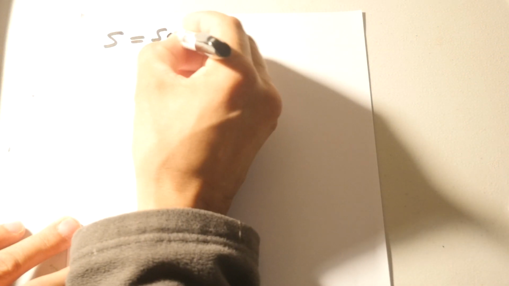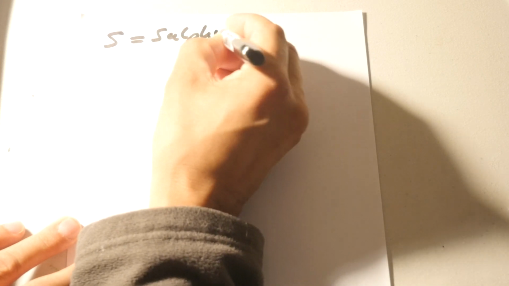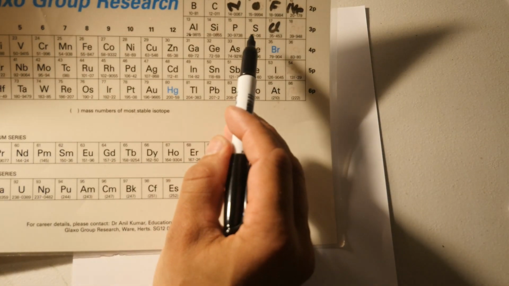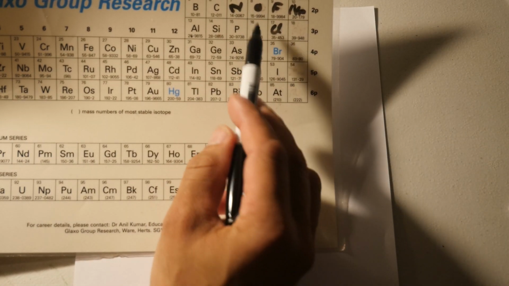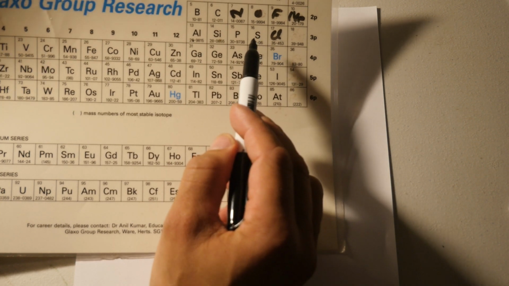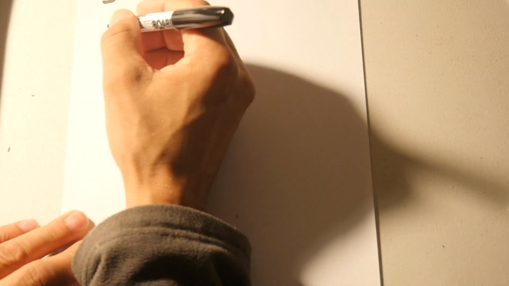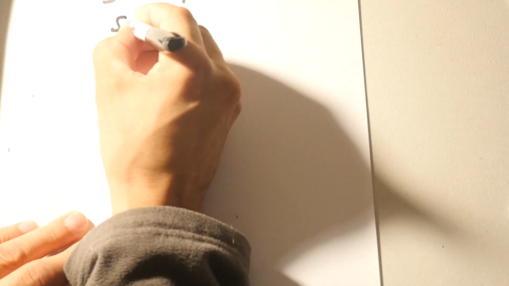You've also got the element S, sulfur, which is below oxygen, same column as oxygen. Sulfur can form S8.